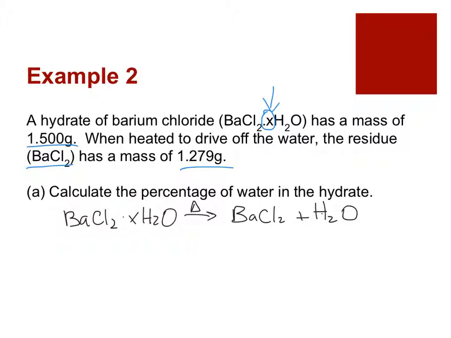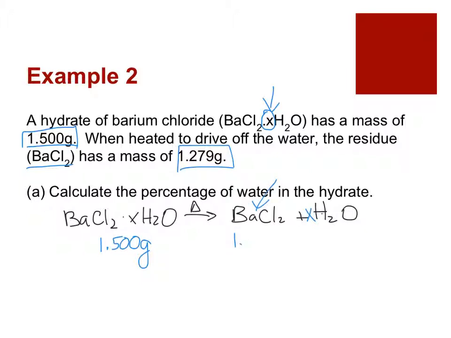And there are X molecules of water for every 1 molecule of barium chloride. Now the problem gives us a couple of masses here. It's telling us that the mass of our reactant is 1.500 grams.